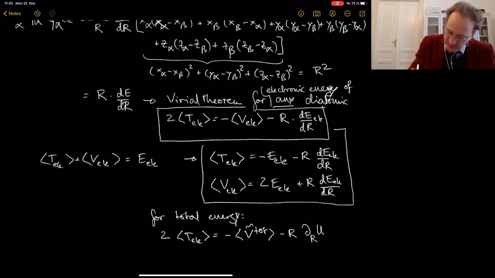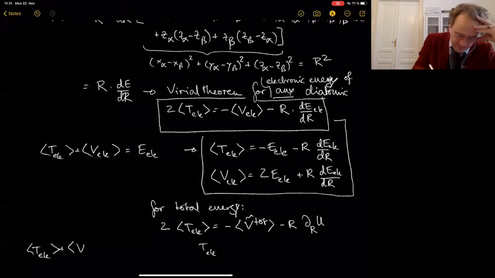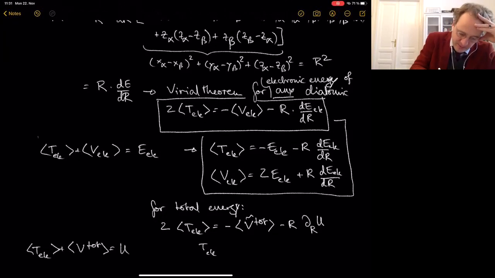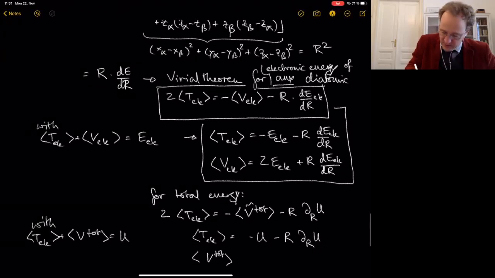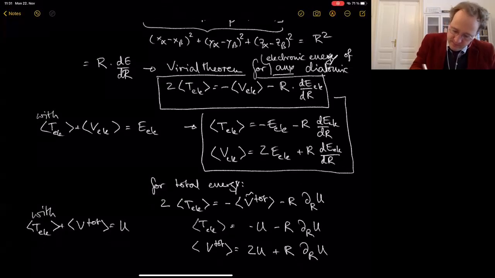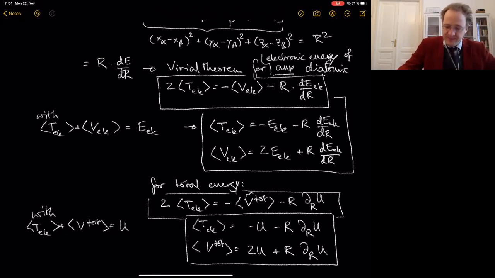And here again, we can eliminate either, since T plus V tot equals U. T is minus U minus R dr U and V tot comes 2U plus R dr U. Okay, so now we have our working equations, right?